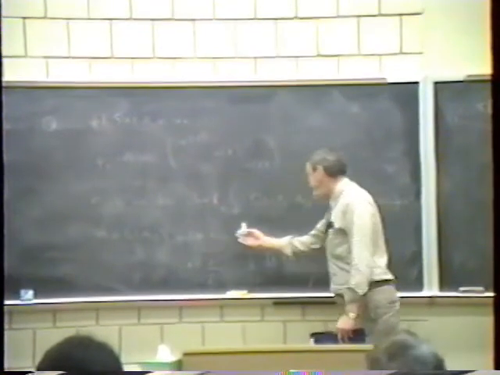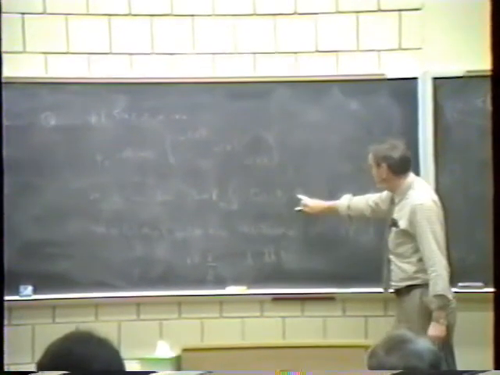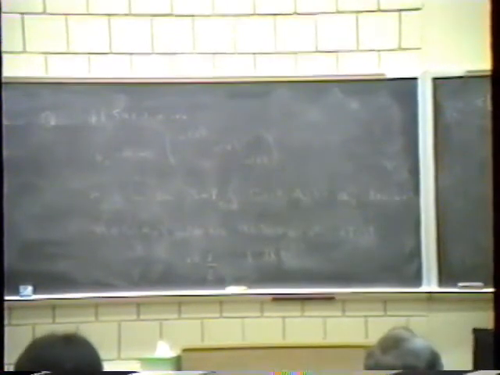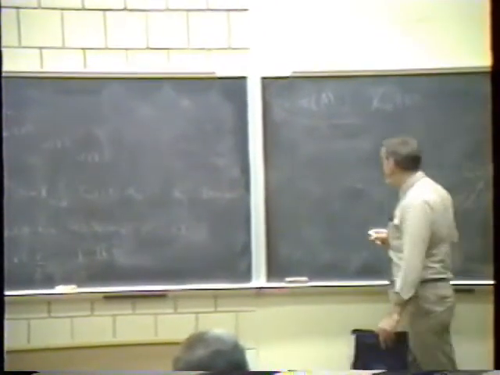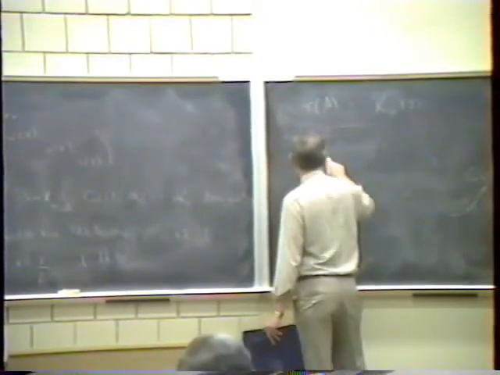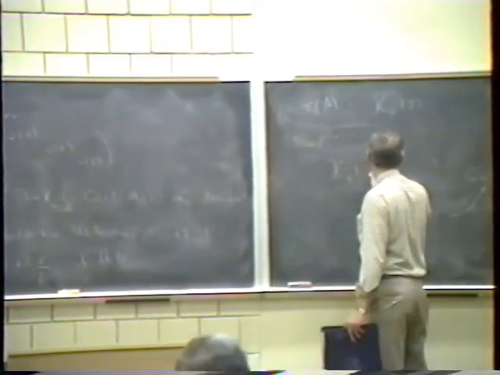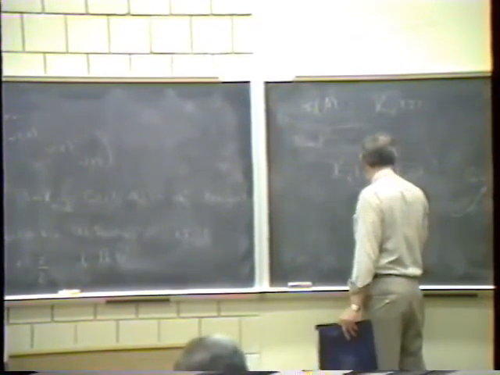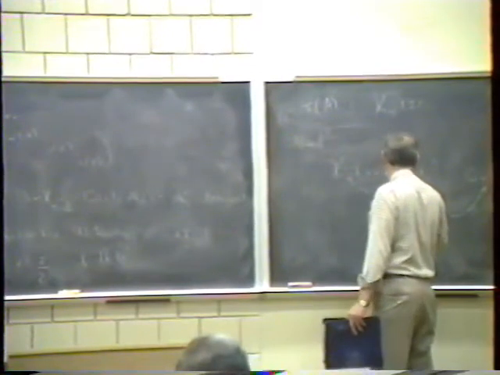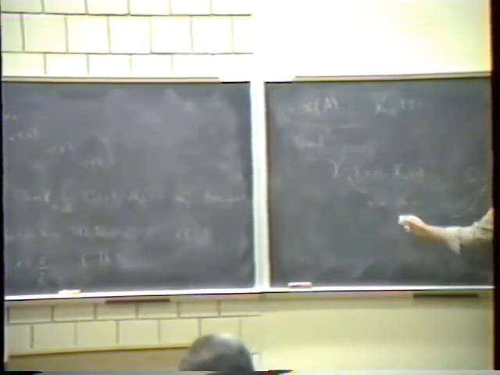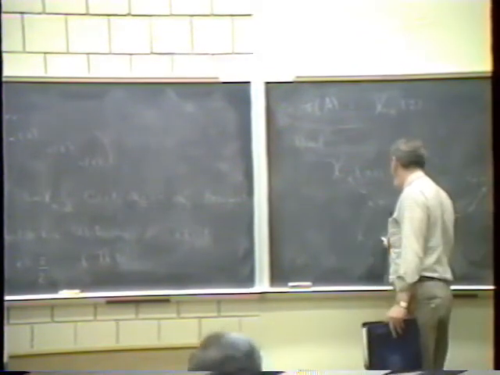I don't have a character defined on this group, I have a character defined on this group, so it has to be something evaluated at Z. I could say chi sub alpha of Z. But then, in order for this to make sense, I need chi sub alpha of AZ equal to chi sub alpha of Z for any A in A sub F. So for an idele A in F, I need chi sub alpha of A to be equal to 1.